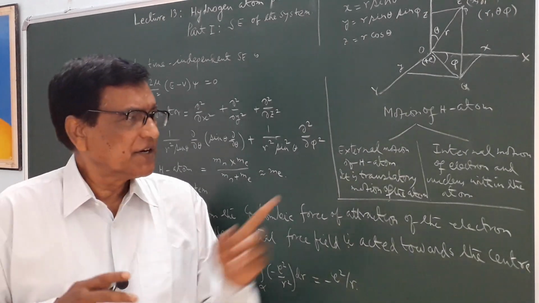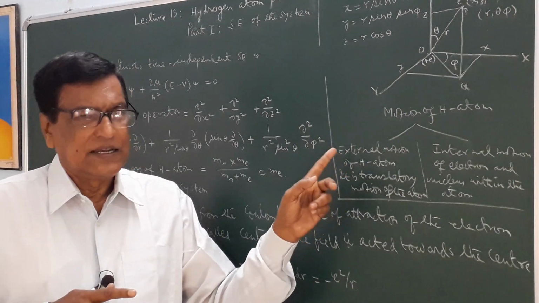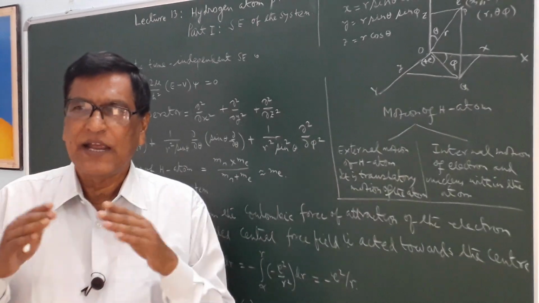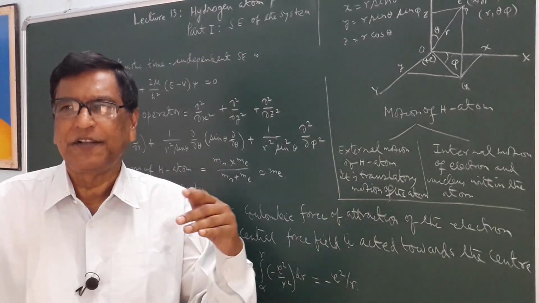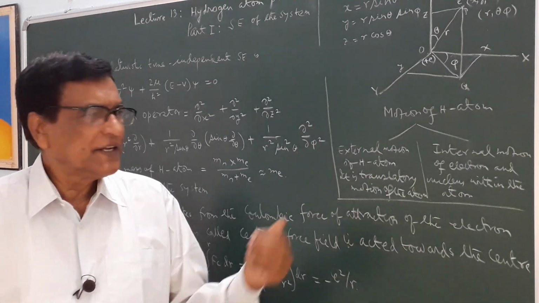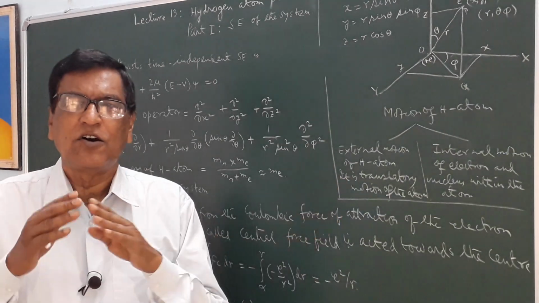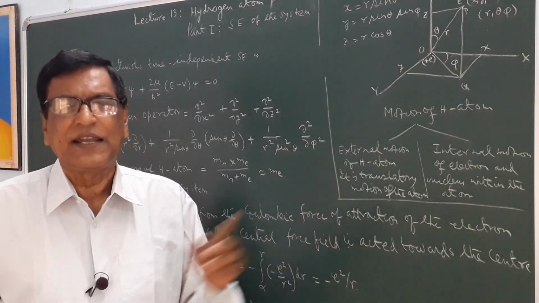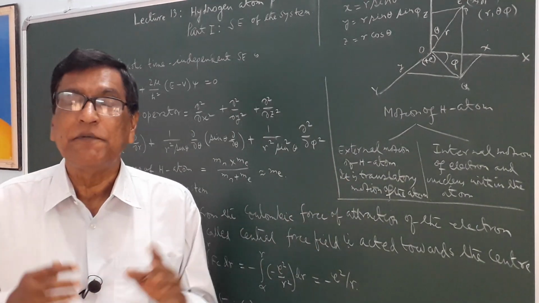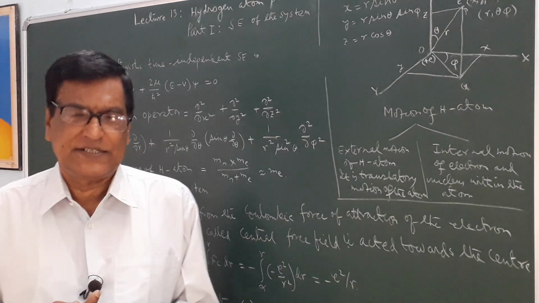One is the external motion. In this case, the hydrogen atom as a whole moves from one point to another point in space, and it is a translatory motion, and this motion can be taken as the free particle in quantum mechanics.